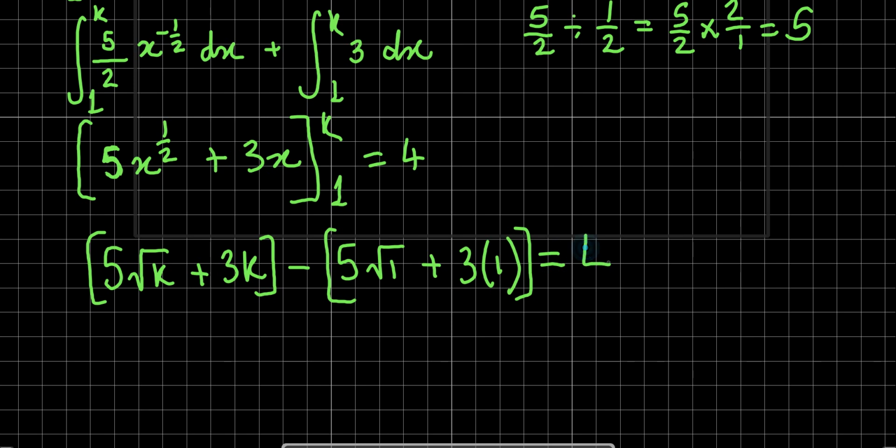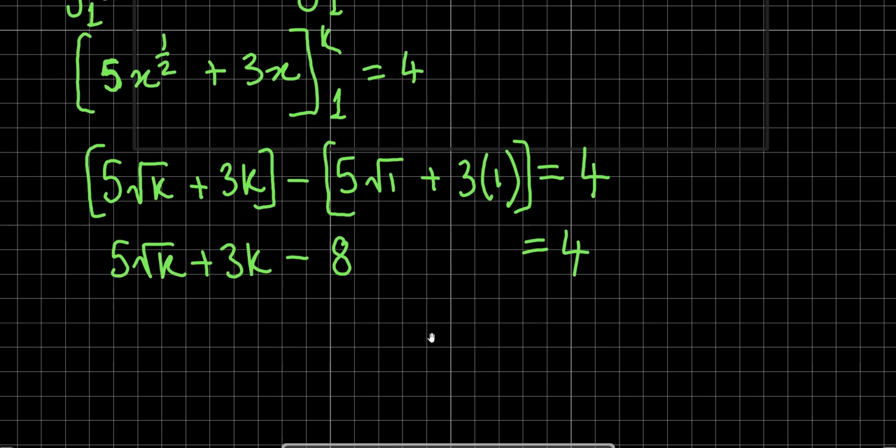Now we've been told it equals 4, so what we now have is 10 square root of k plus 3k minus 13, and that equals 4. We can then rearrange that.